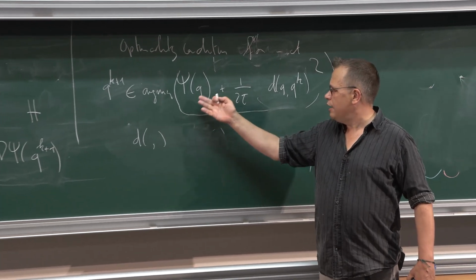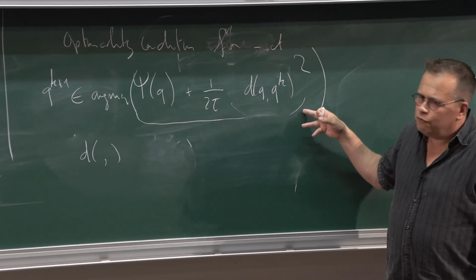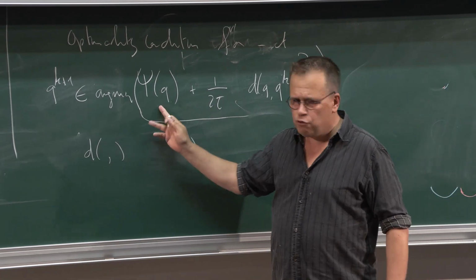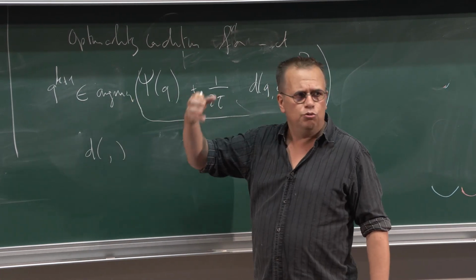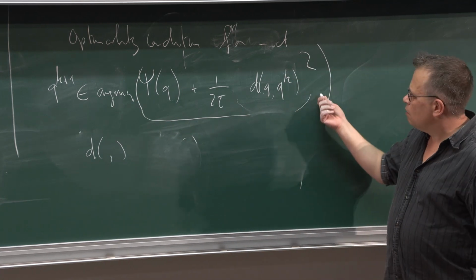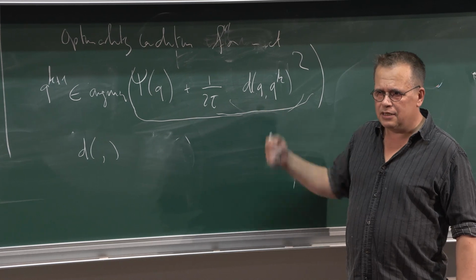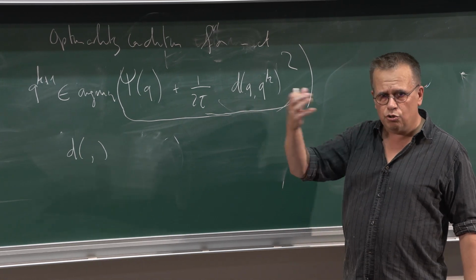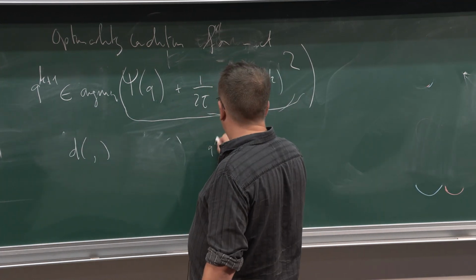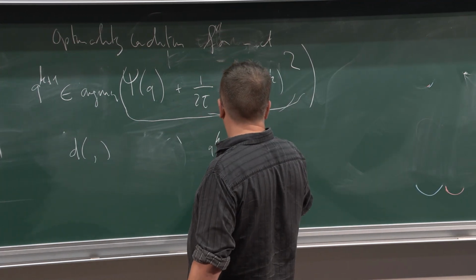For such a function, what is important is not to have uniqueness. You might consider this pseudo-algorithm without uniqueness, but you need existence. But in quite general situations, you will have existence of a minimizer. It gives you a theoretical algorithm to compute discrete solutions, qk plus 1.